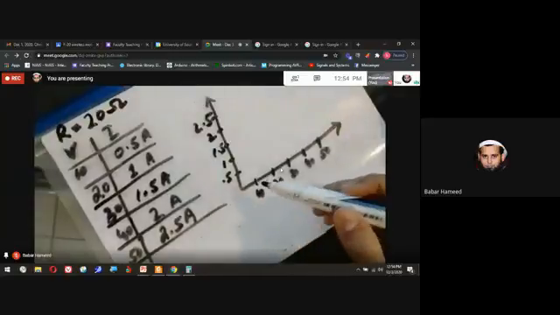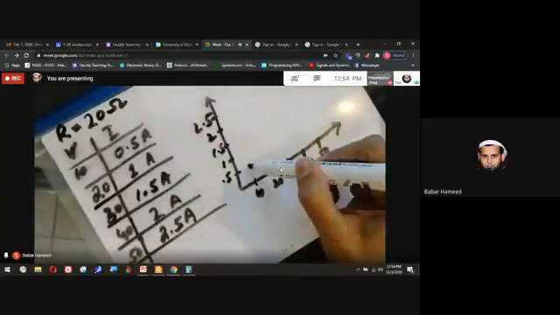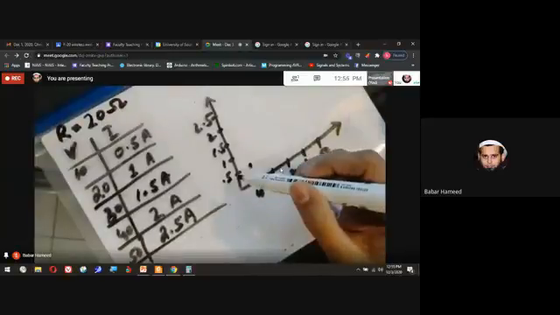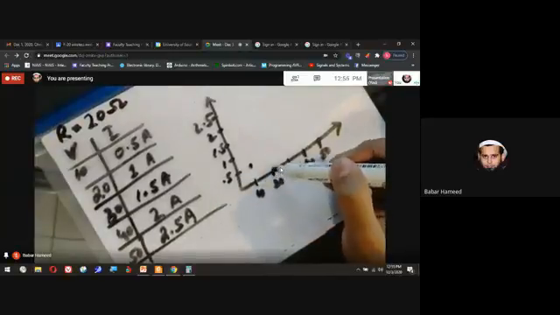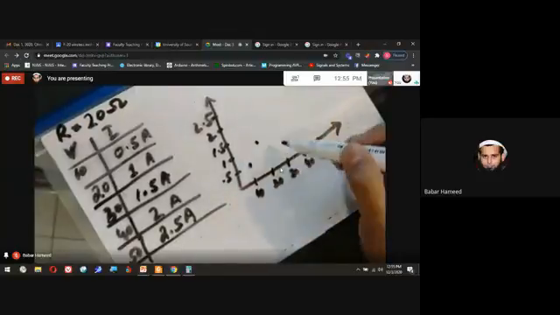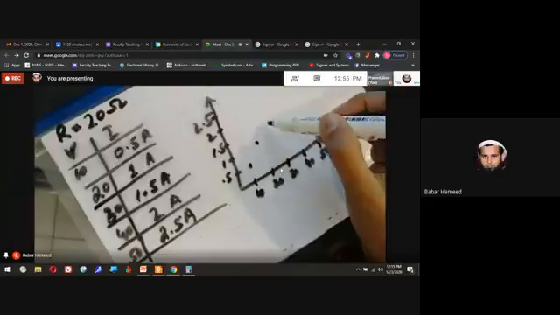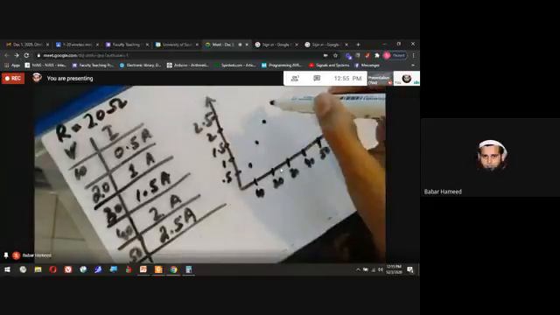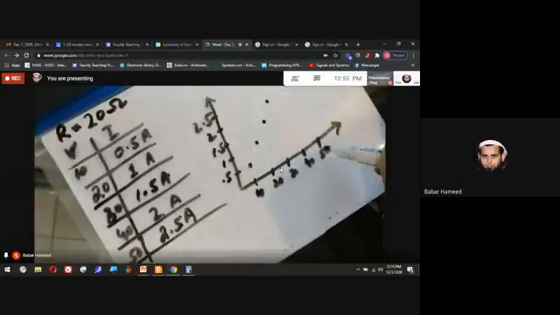For 10 volt current was 0.5 ampere. For 20 volt current was 1 ampere. For 30 volt current was 1.5 ampere. For 40 volt current was 2 ampere, and for 50 it was 2.5.